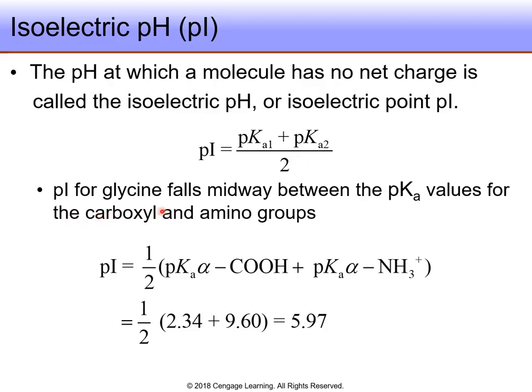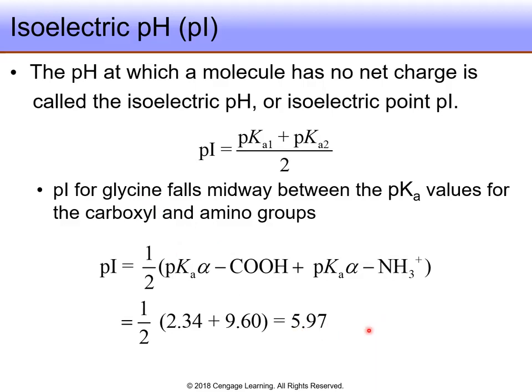The pI for glycine falls midway between the pKa values of the carboxyl and amino groups, like this. You will be given these two values. You add them, divide by 2, and you will get the pI, or the isoelectric point, for glycine.